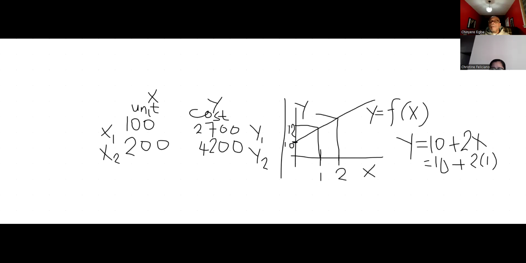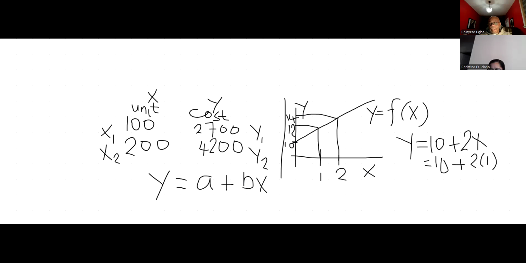When x is 2, what is y? It will be 14. You can see the difference is 2. Is that correct? Okay, so we have a constant rate of change. This is why we call it a linear function. The rate of change is constant. In general, we say y is equal to a plus b times x.